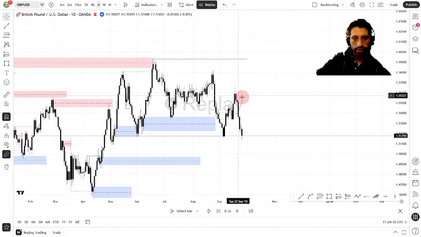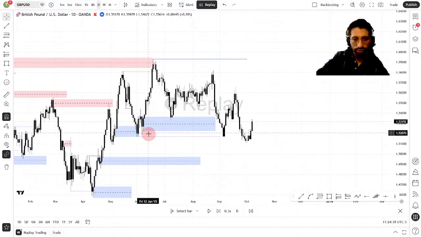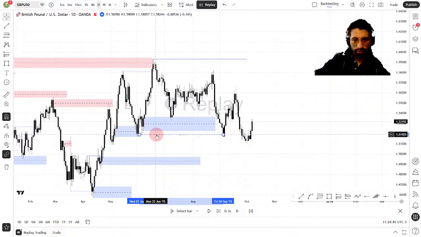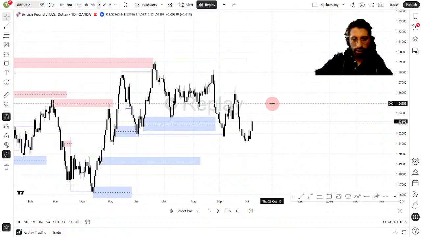Yeah, now it reacted at this point, and now it has done the break of the structure, which is fine. That's what we were expecting. Oh yeah, here with the body of the candle. Now we understand why it will keep going down.